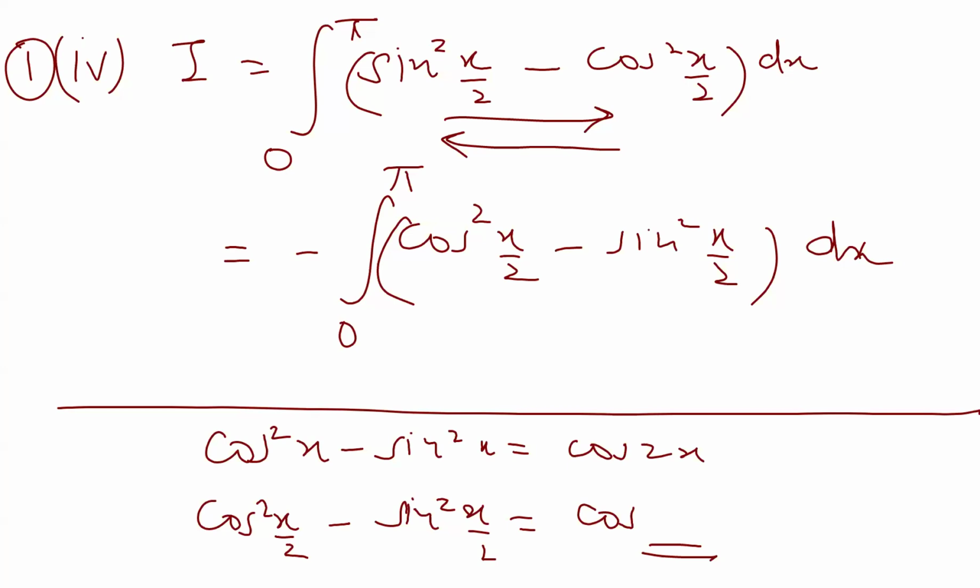The angle is x. So the value of this becomes cos x. So minus cos x, 0 to pi.